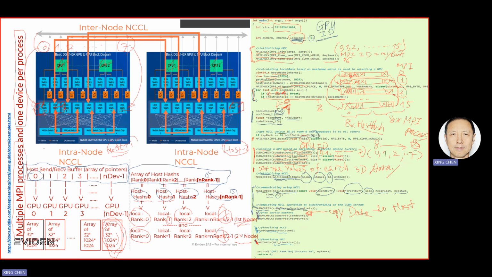At the end, what each programmer has to do is account for a mix of the MPI library calls and the NCCL library calls. You have to use these two communication libraries to finally make your internode GPU communication happen.